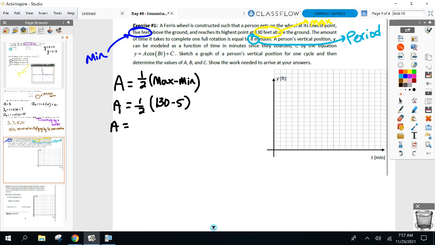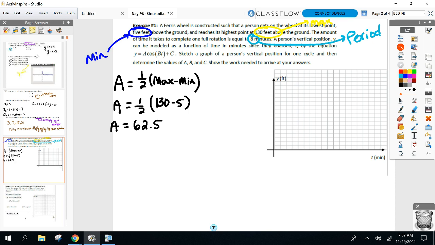A value. Should be something and a half here, right? 62. 62 and a half. Okay, we're all good there, everybody. 62 and a half.